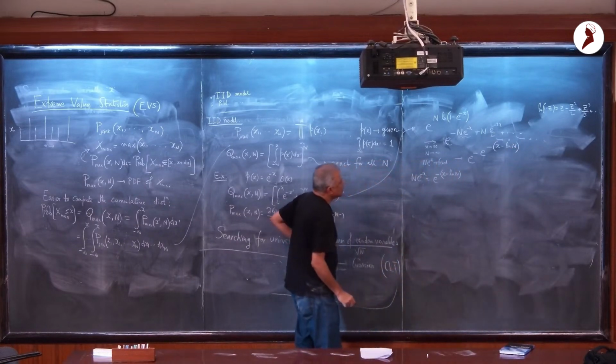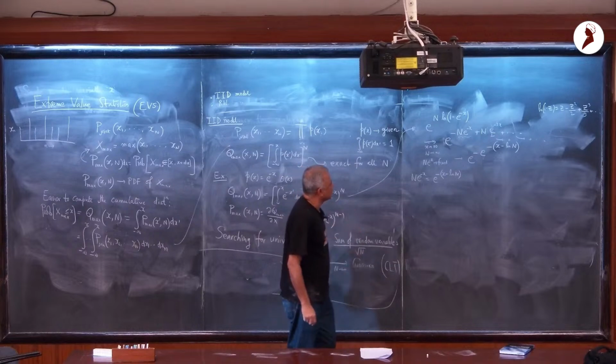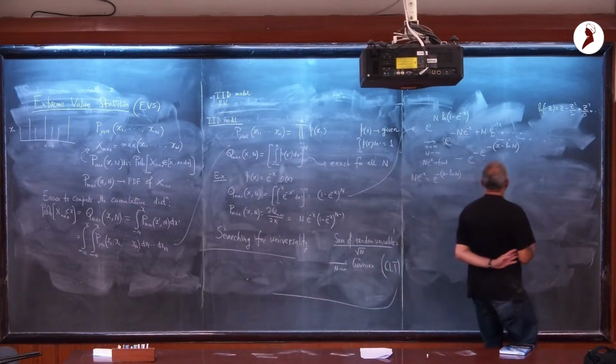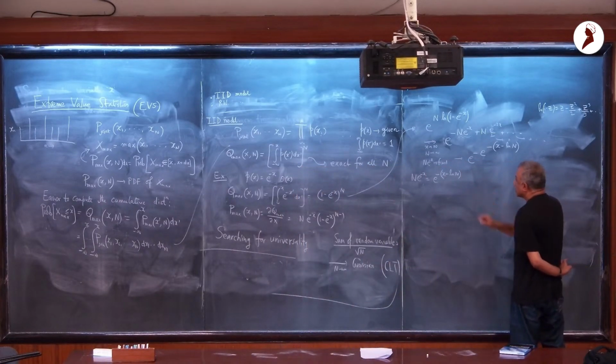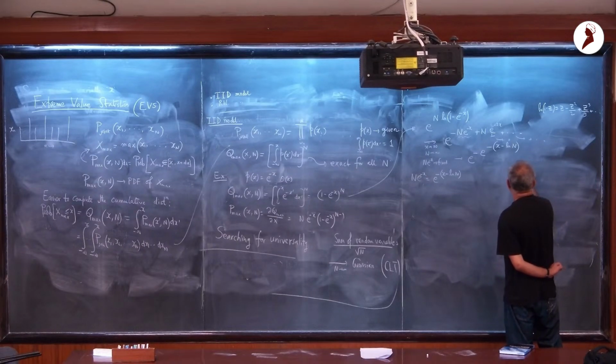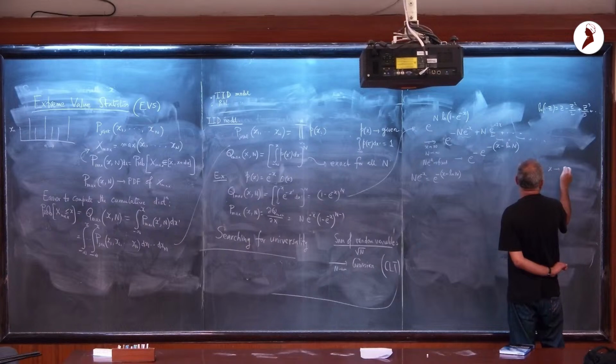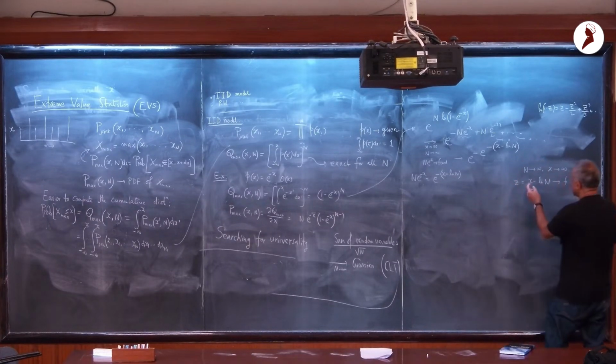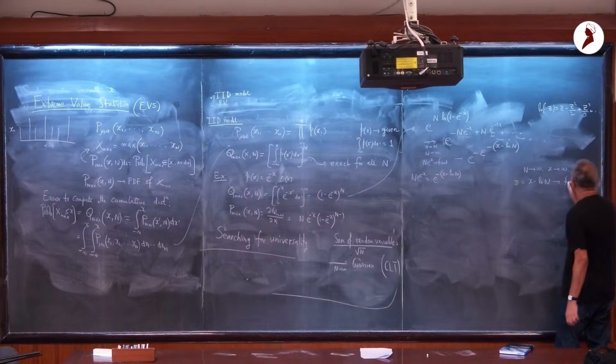So this simple exercise tells you that in this exponential case, if n goes to infinity and x goes to infinity, but keeping x minus log n as z fixed, the difference is fixed.